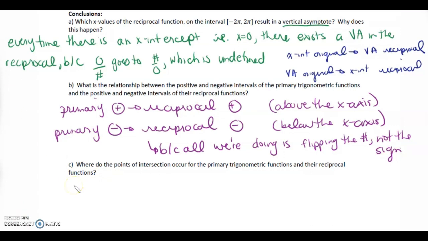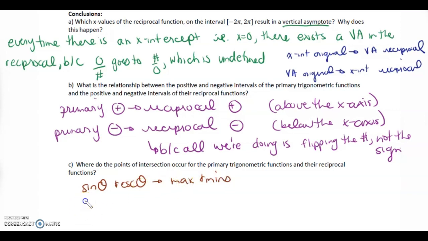Okay, C, where do the points of intersection occur for the primary trig functions and the reciprocal? Okay, so for sine θ and cosecant θ, they occur at max and mins.